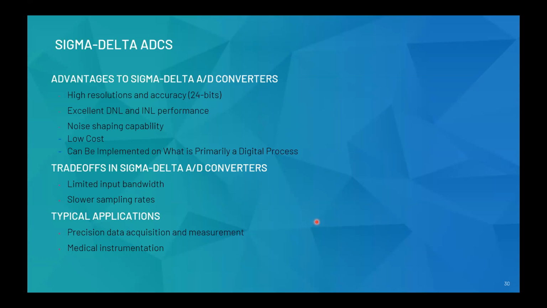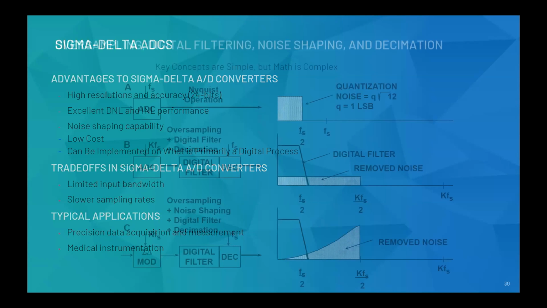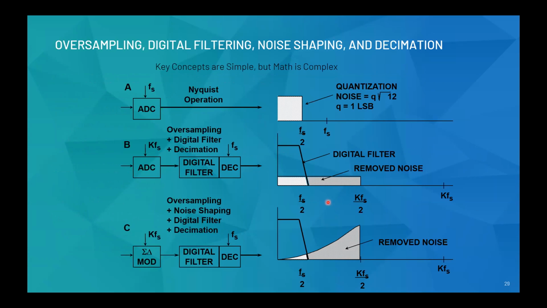The trade-off is limited input bandwidth. If I go back to the earlier one, your sampling frequency is at a much higher rate, and your input bandwidth is much lower. So your speed is obviously going to be very slow for the amount of sampling speed that you're going to have.